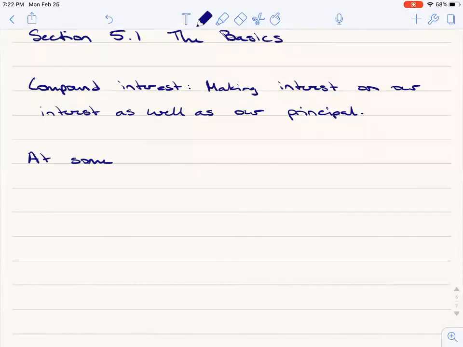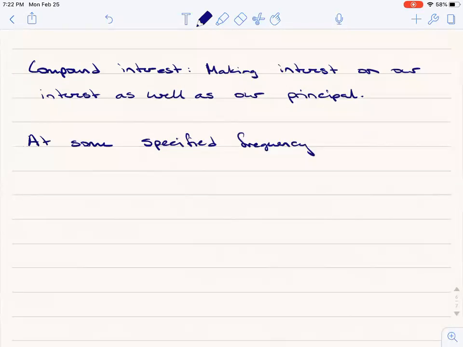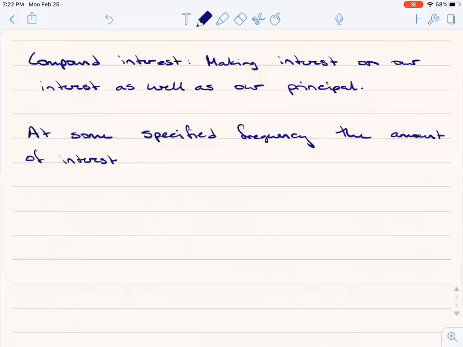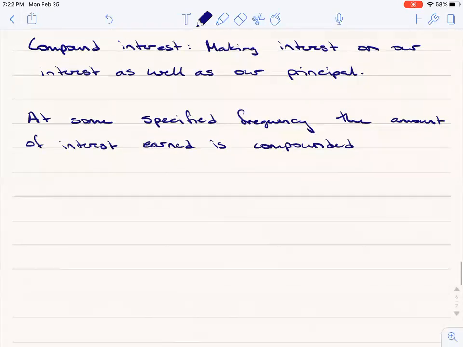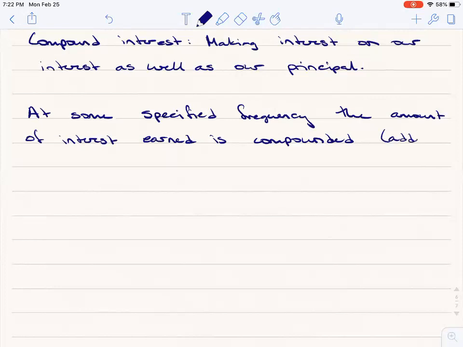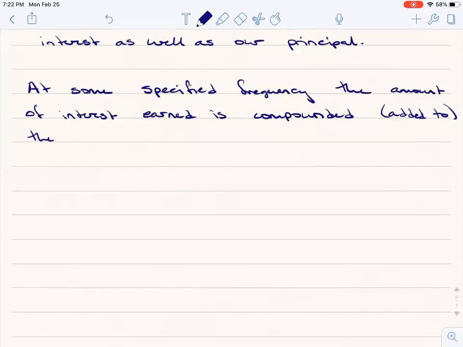So at some specified frequency, the amount of interest earned is compounded (added to, just to clarify in case compounded doesn't make sense) the principal amount.